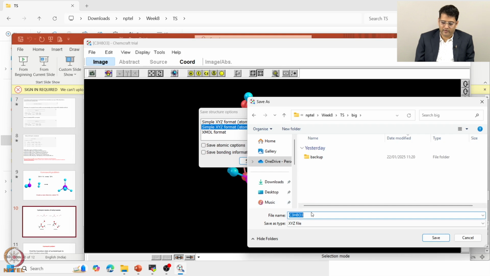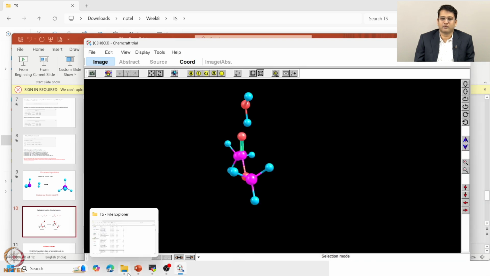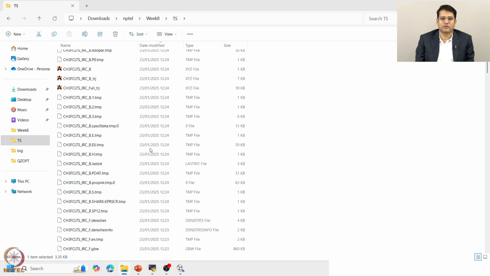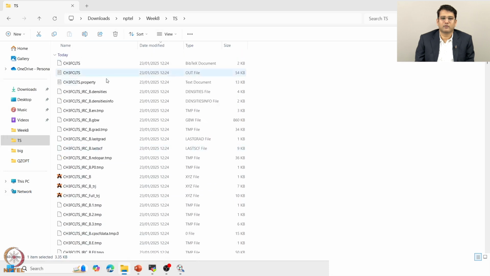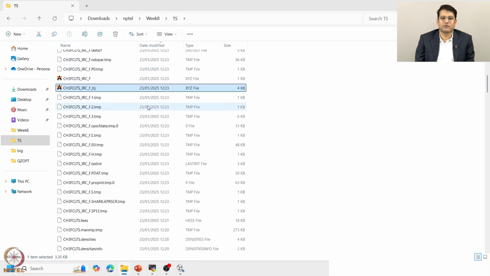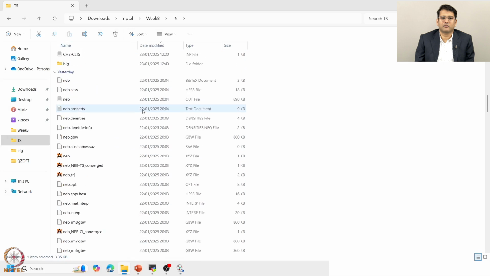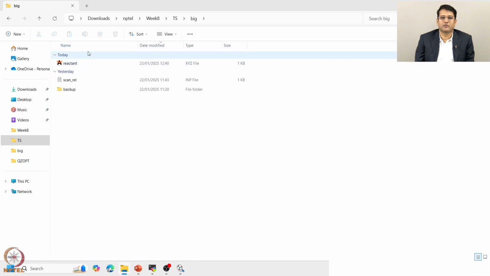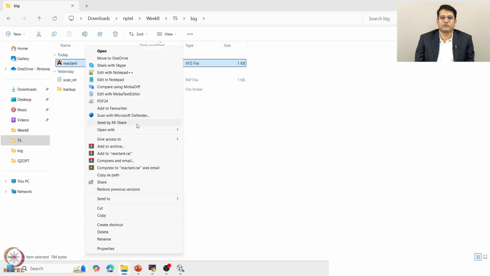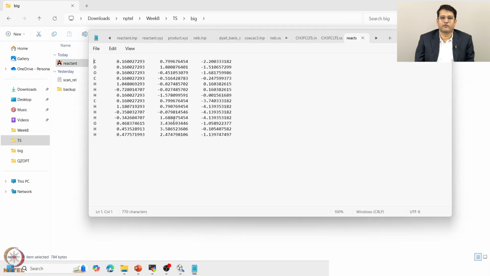So this I will write as reactant.xyz. So I open this one with Notepad.